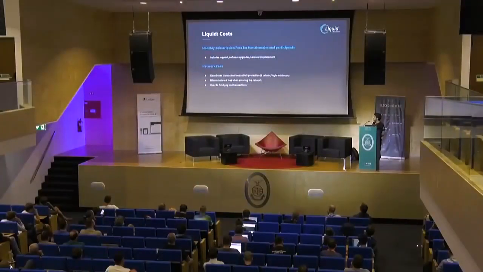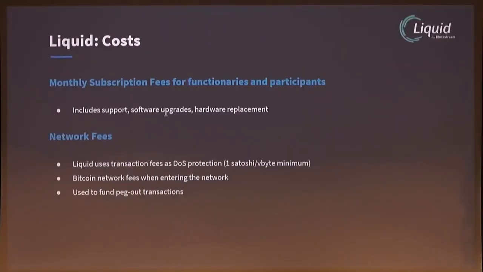What are the costs of the Liquid network? For the functionaries and participants, I'll explain the difference between those two later, they pay a monthly fee to us, Blockstream, but this includes support, the hardware, and the upgrades to the software and all that.